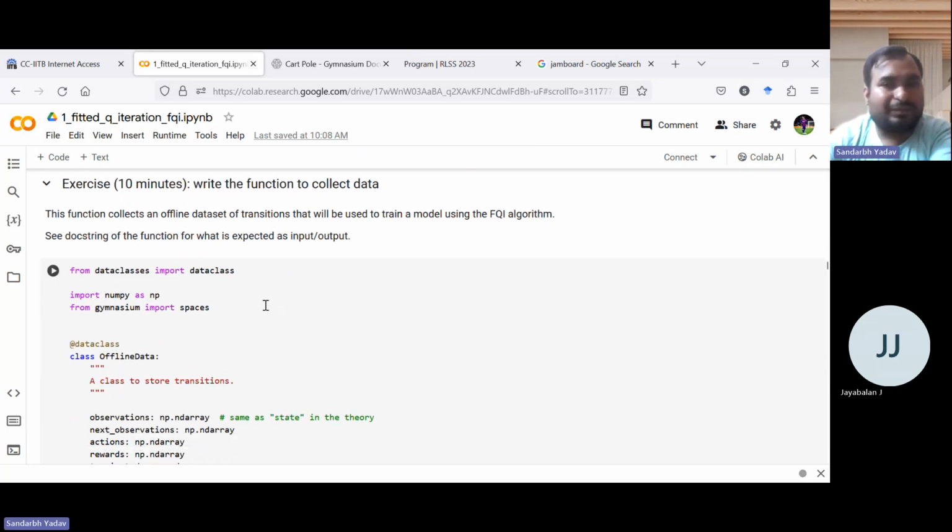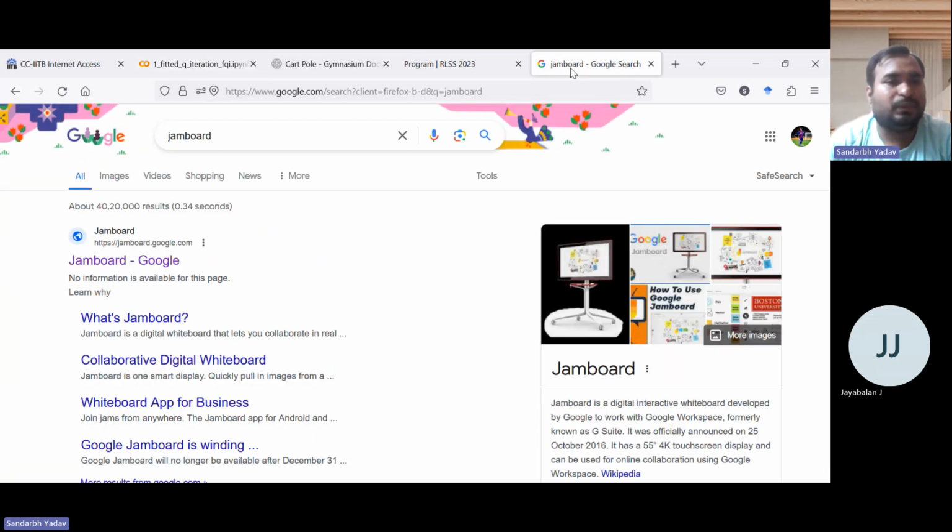You remember the fitted Q iteration algorithm. Maybe I'll use Jamboard.